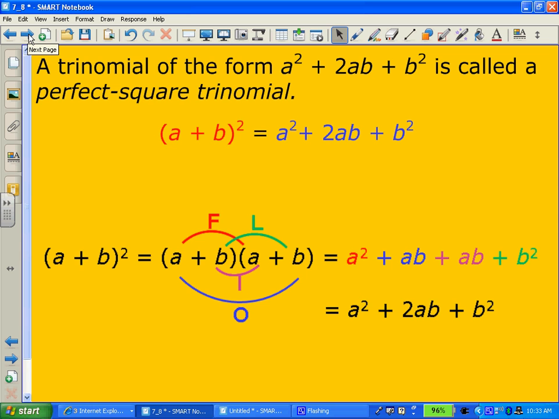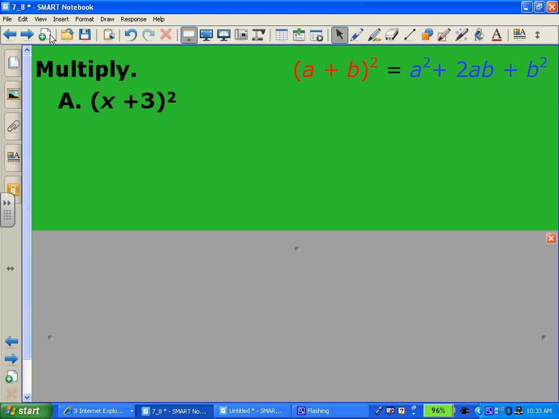So here's what it looks like when we're using the shortcut. Let's say we have x plus 3 squared. Normally we would write that out as x plus 3 times x plus 3, FOIL, combine our terms in the middle, and get the answer. If I want to use this shortcut, I'm just going to identify what a and b are, and then plug it into this form, a squared plus 2ab plus b squared.